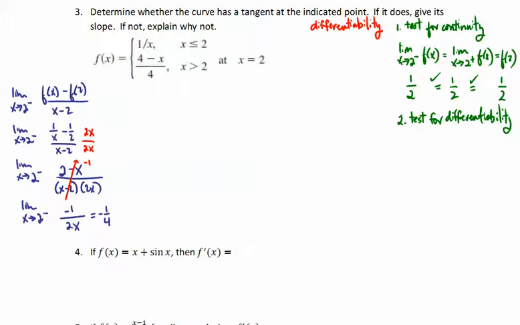Now, let's try from the right. The limit as x approaches 2 from the right of f of x minus f of 2 over x minus 2. Here, from the right, the function behaves as 4 minus x over 4. So we have the limit as x approaches 2 from the right of 4 minus x over 4 minus f of 2, which would be 4 minus 2, which is 2 over 4.